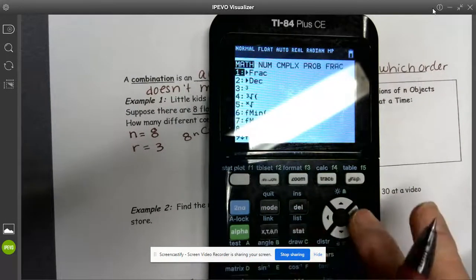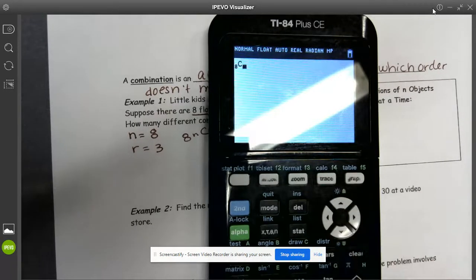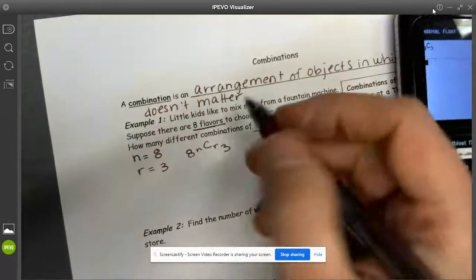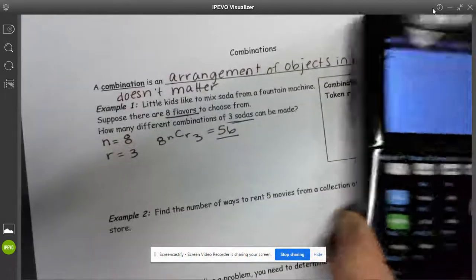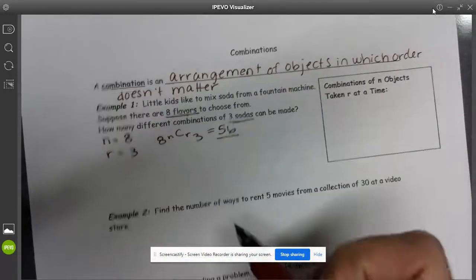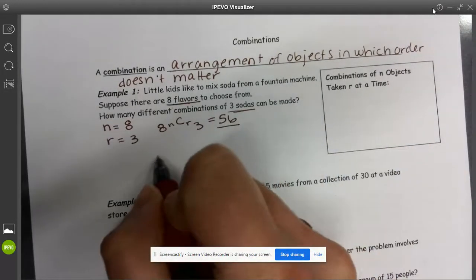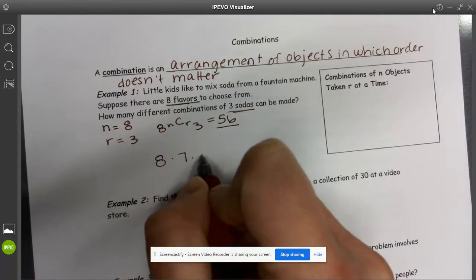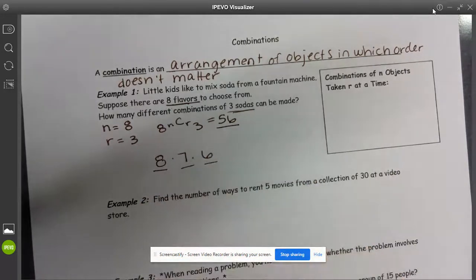So do you think it's going to be more or less than permutations? It's going to be a lot less because we're getting rid of all the possibilities that would be distinct. So how would we do this naturally? Well, we would have 8 and then 7 and then 6 sodas to choose from.